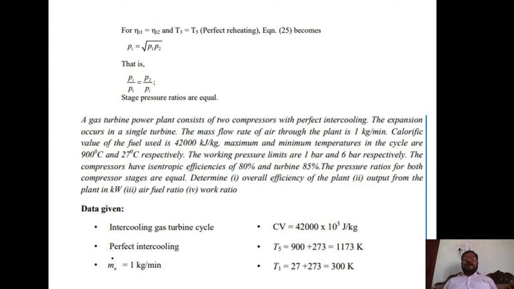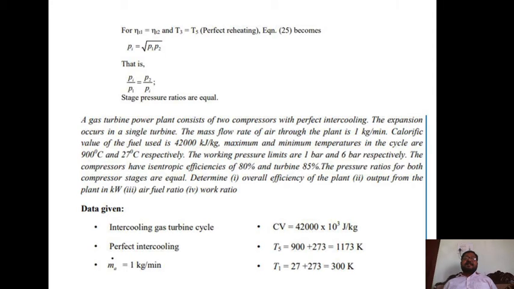Let us discuss one very important problem. It has been asked a number of times in the examination. A gas turbine power plant consists of two compressors, with an intercooler between the two compressors. Perfect intercooling means the exhaust of the first stage compressor should be equal to the inlet of the second stage compressor.